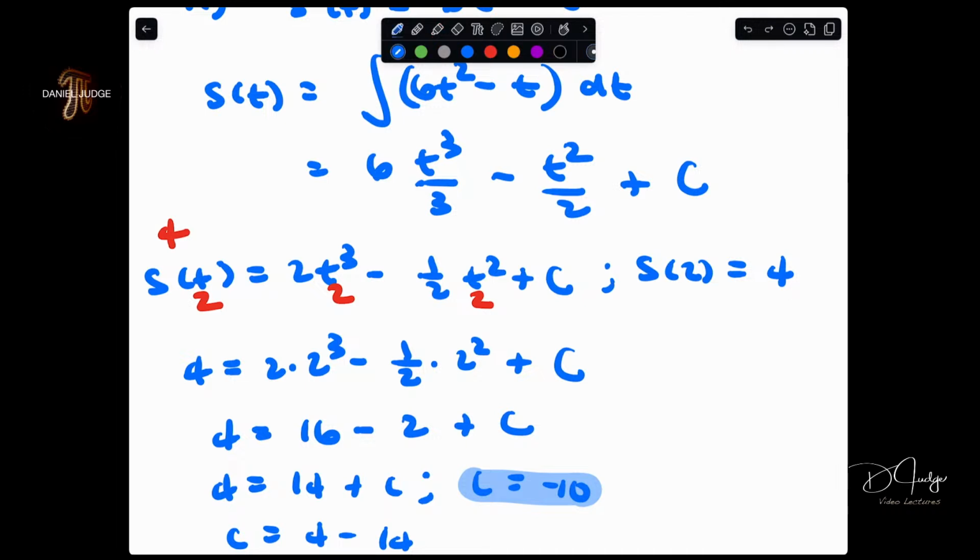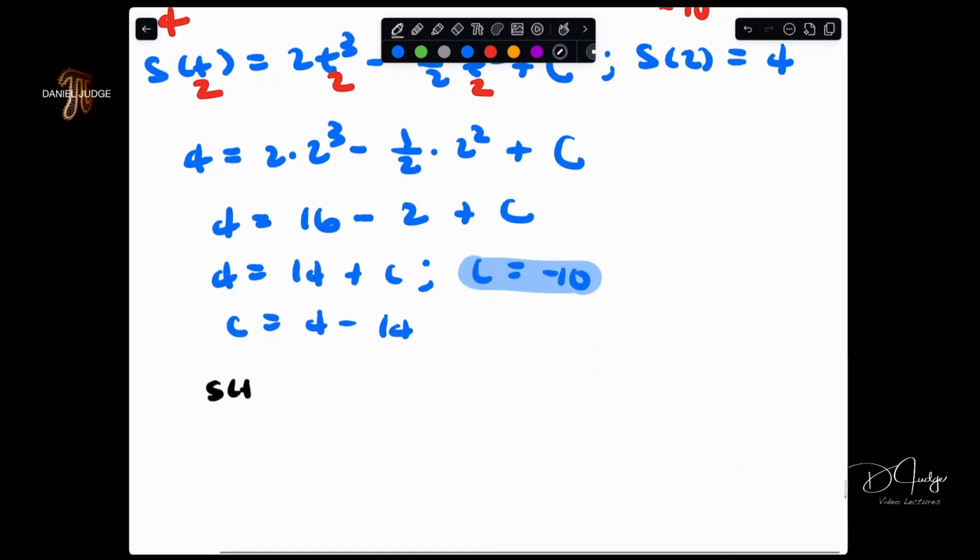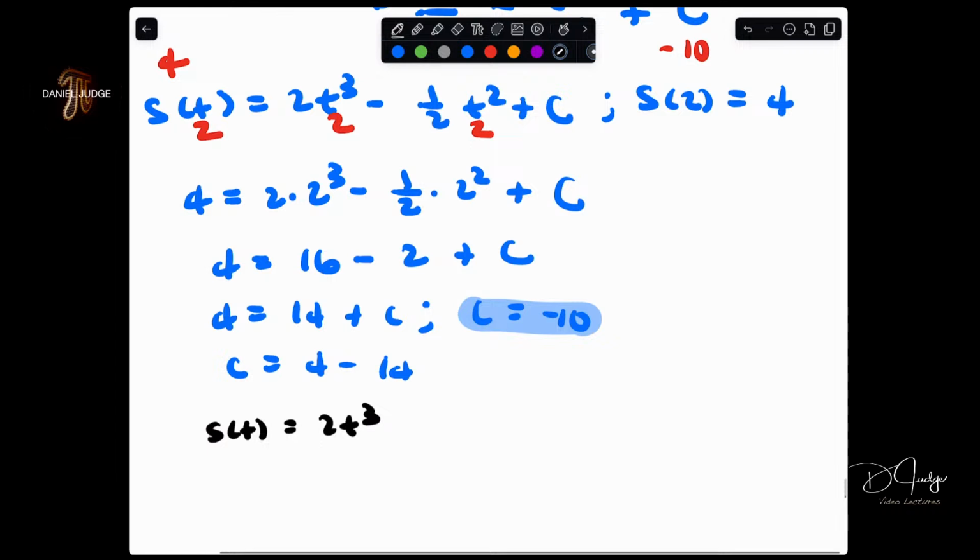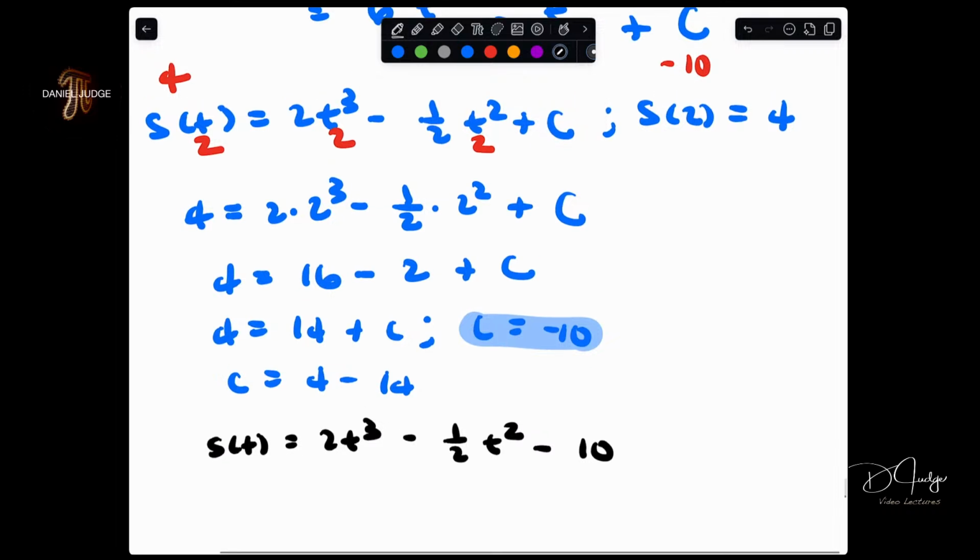Could never really transition so well. It's very cumbersome. All right. S of t then is 2t cubed minus 1/2 t squared. C is negative 10. So you're looking at it right here.